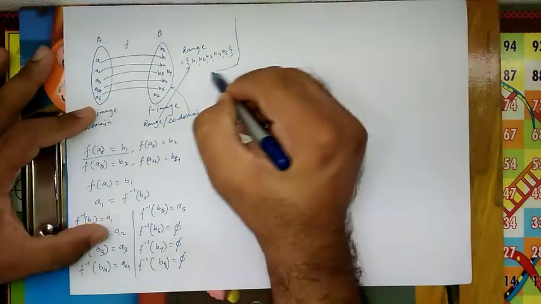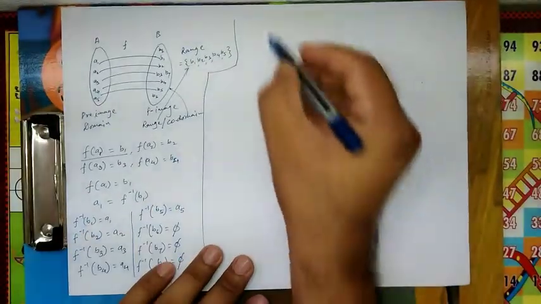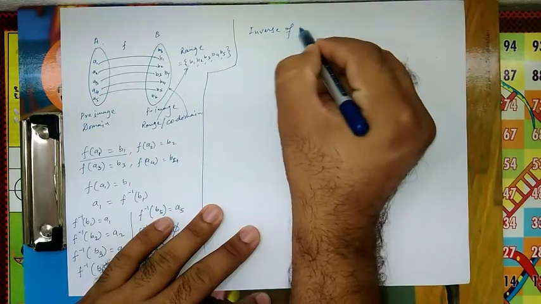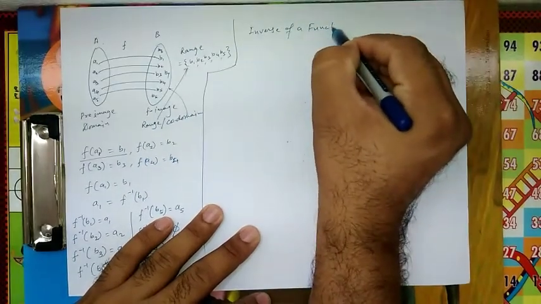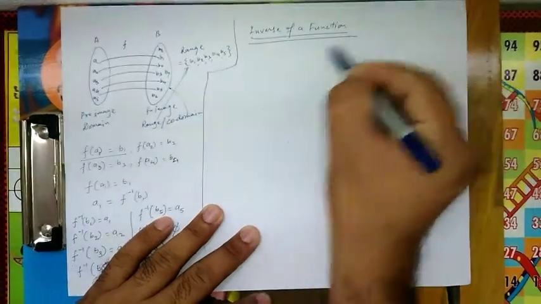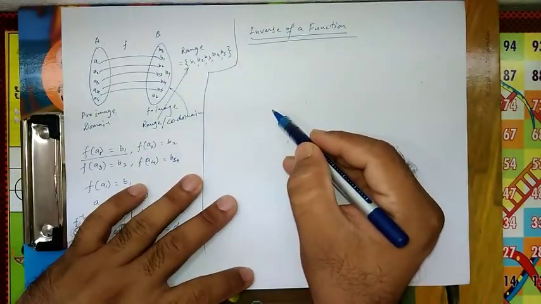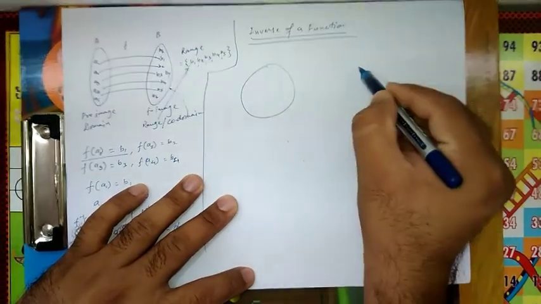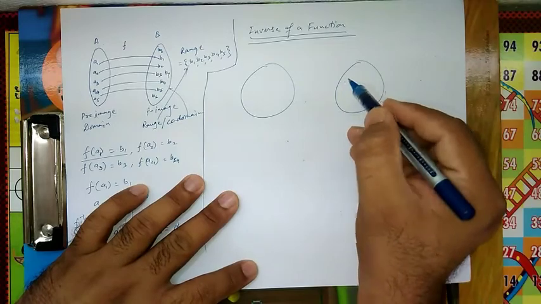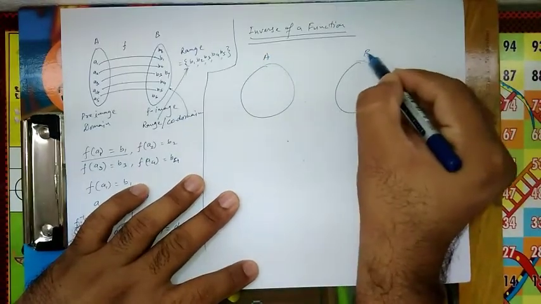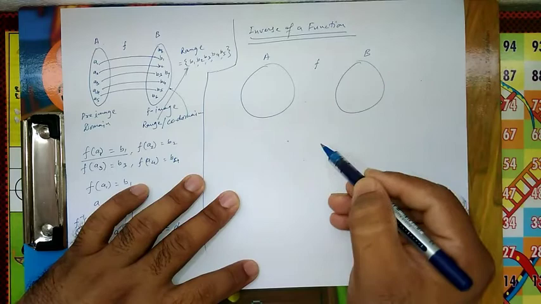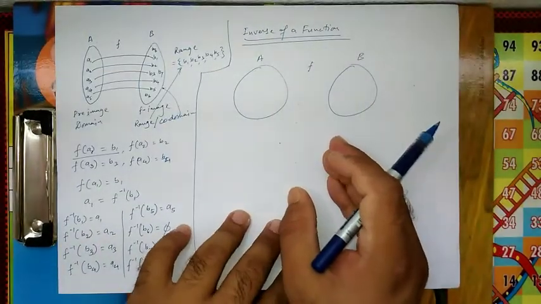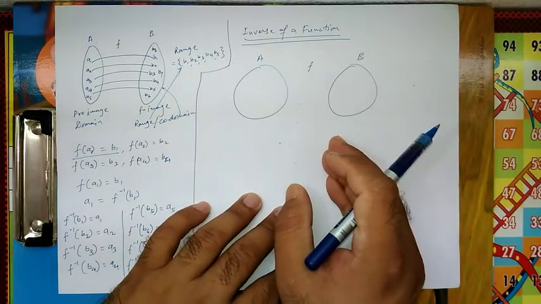Now coming to inverse of a function. Let us take these two sets, this is set A, this is set B, and we are operating a function, or the function is given like this.